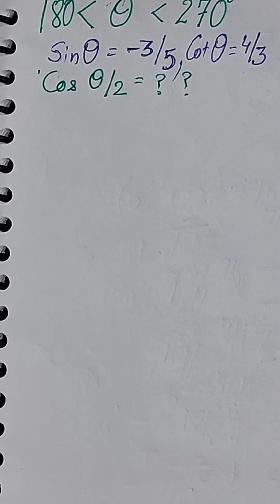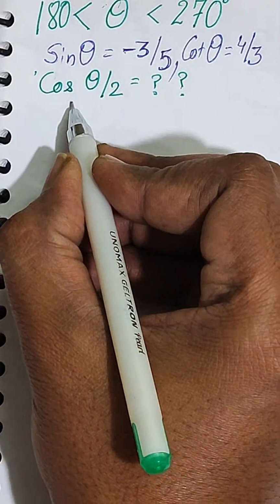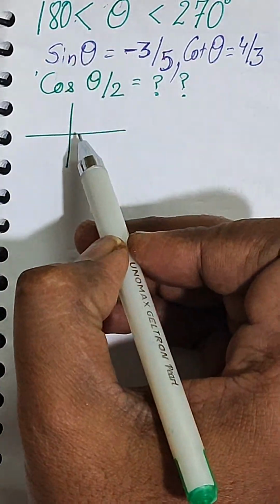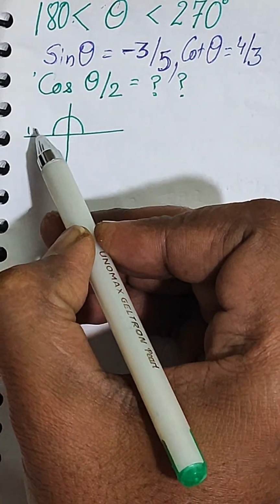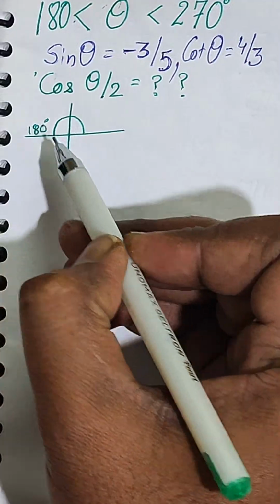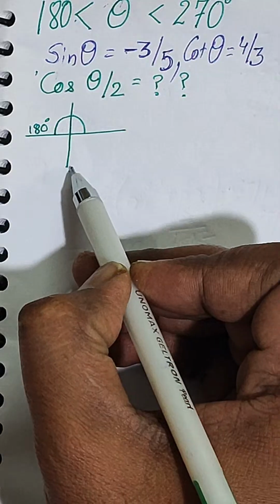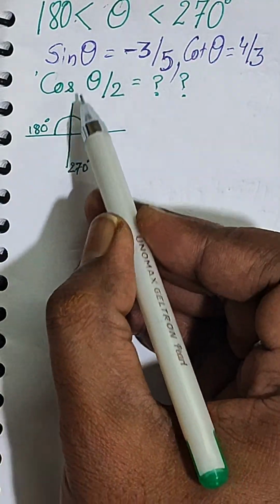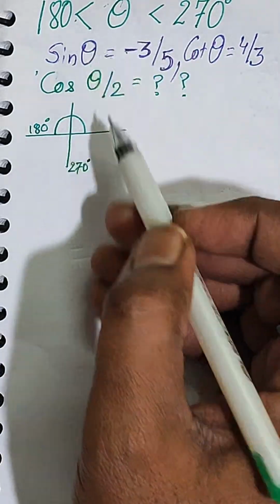we can simply see that theta, if we plot it into the quadrant, is greater than 180 degrees. Starting from 0, this is 180 degrees, and this is 270 degrees. So theta is greater than 180 and less than 270.